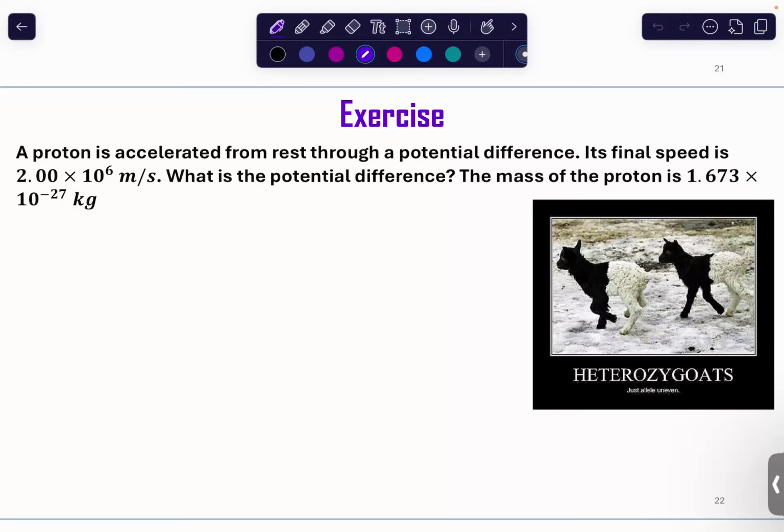Okay, so we have a proton accelerating through a potential difference. We have a final speed. What is the potential difference, when we have the mass of a proton? So of course, we're using the conservation of energy.